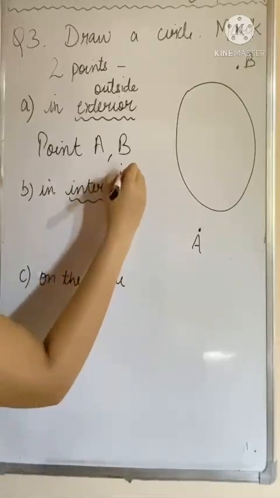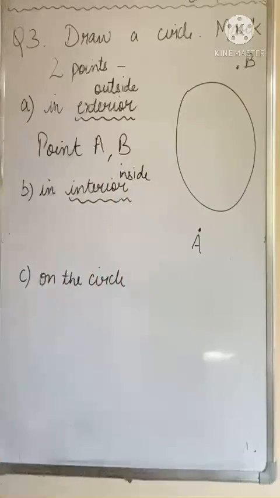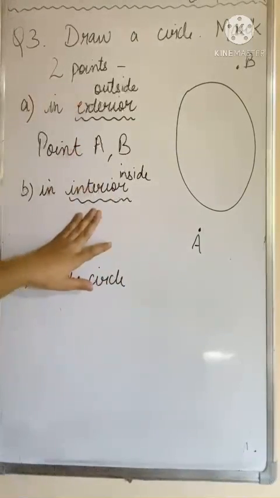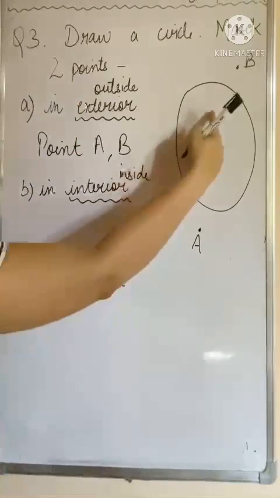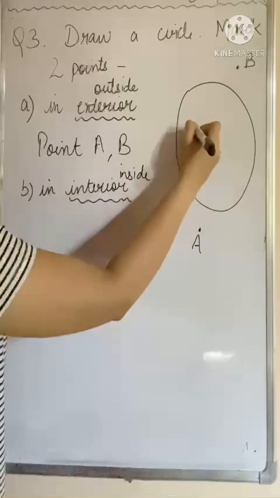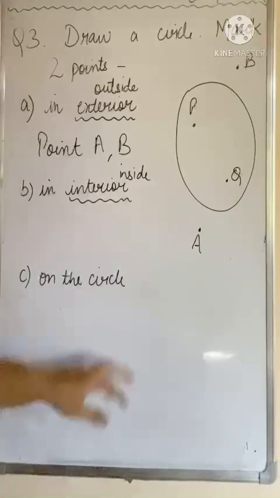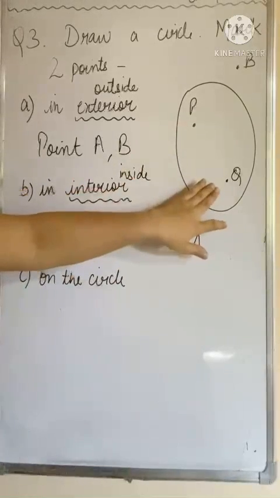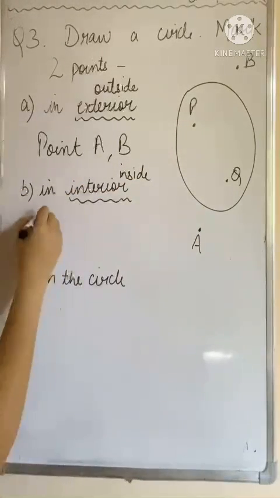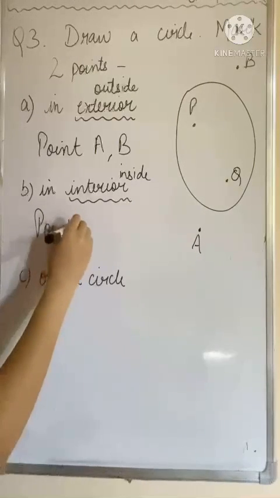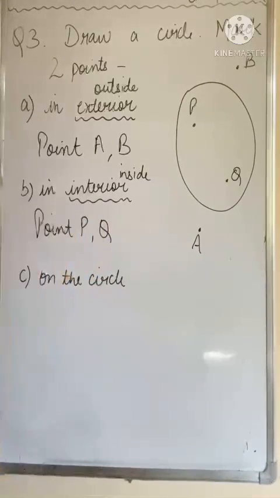Interior means inside of a circle. Now I need to mark 2 points which are inside the circle. So this is the inside of the circle. Let's say I have marked point P over here and point Q over here. So both these points are called the points interior to the circle. So the answer of part B will be points P and Q.